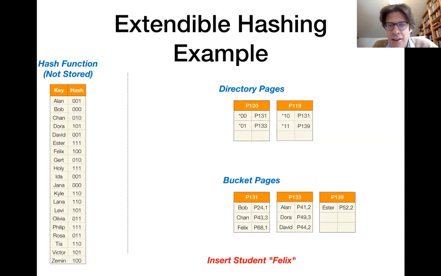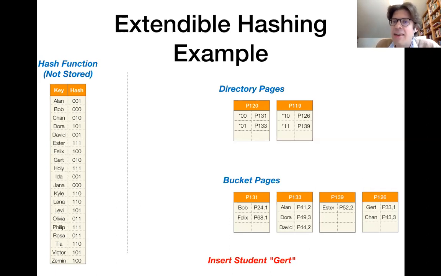We are doing this by adding one more page in the bucket pages and redistributing the corresponding entries. And as you see here, now we have updated the directory, and page 131 only has 1 entry left. The other entries have moved to page 126.